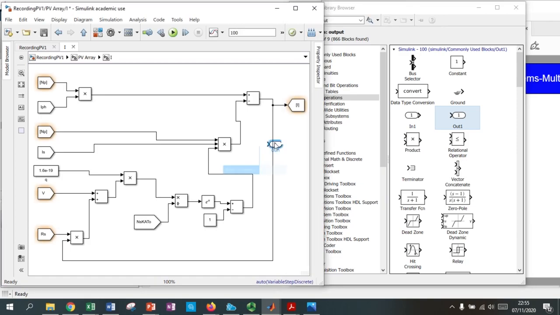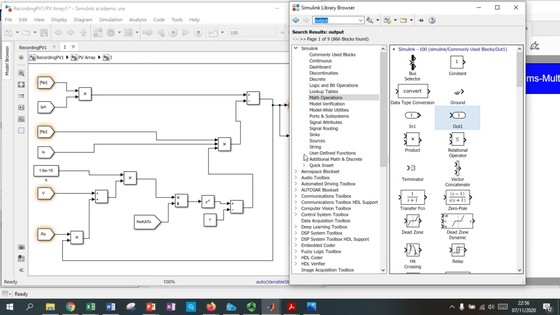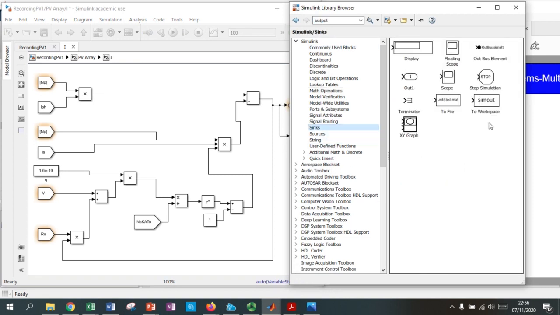One of them is the current, that we call I. Let's come to the current, and also we can keep the output in the sinks.